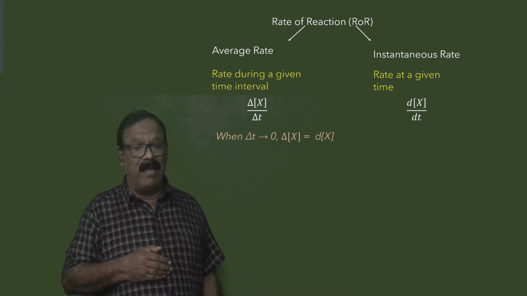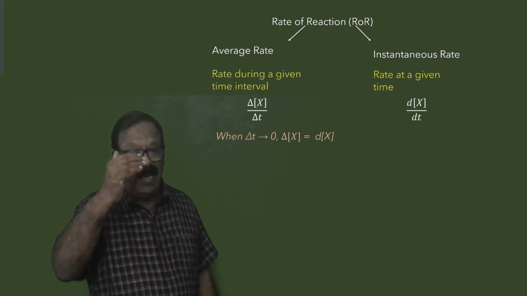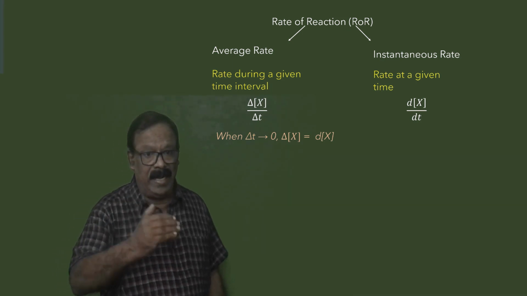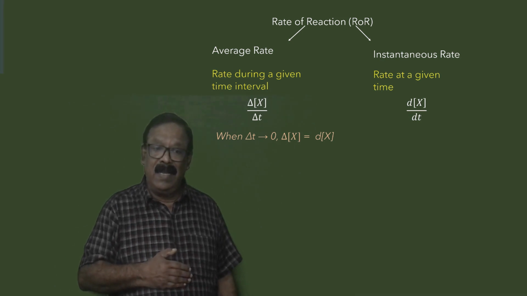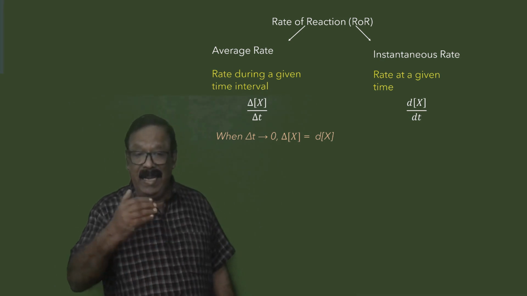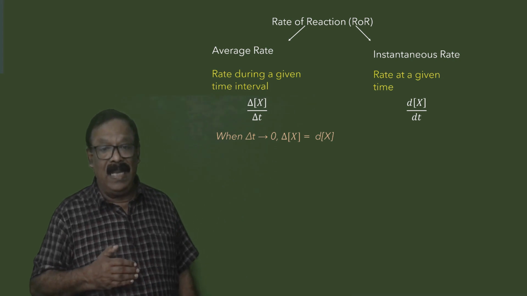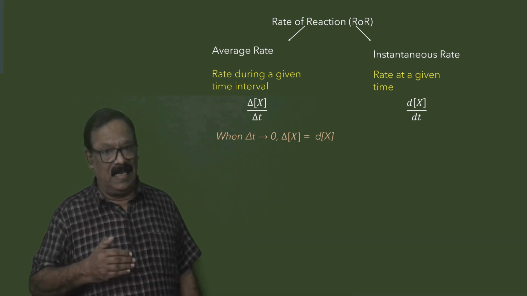And instantaneous rate is therefore expressed as dx by dt. So delta x by delta t represents the average rate, dx by dt represents the instantaneous rate.